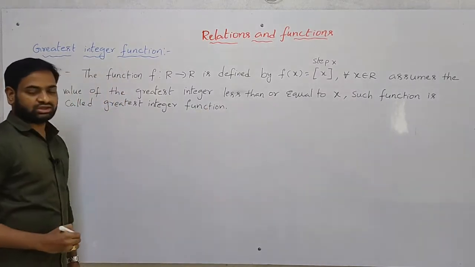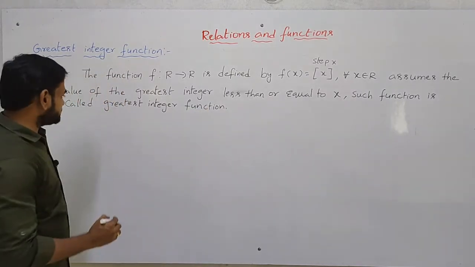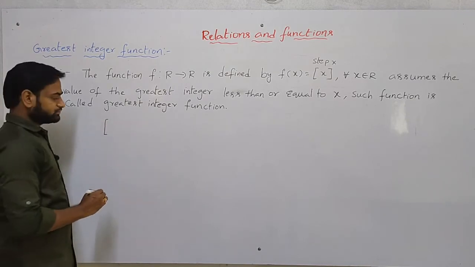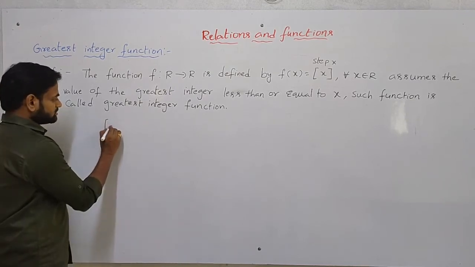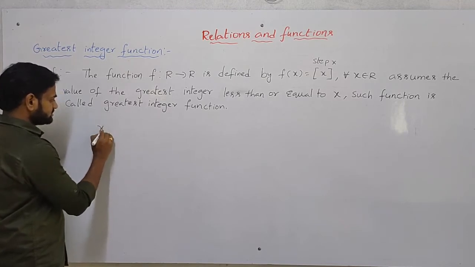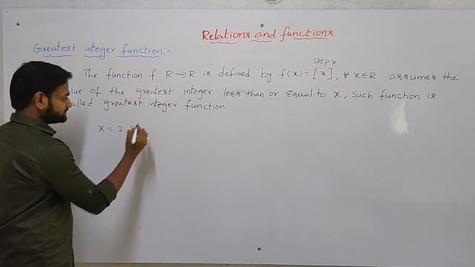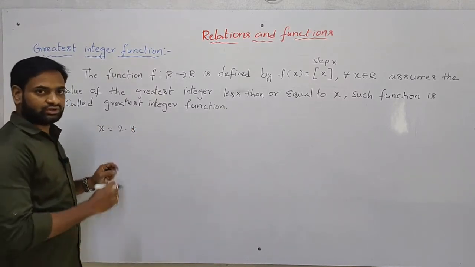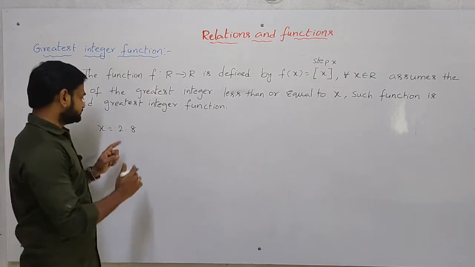See here what the meaning of this is. Suppose I take the x value as 2.8; you can take any value, no issue.